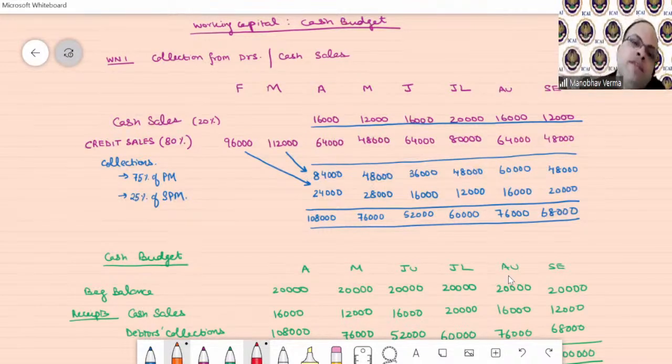And that's how for every month we are doing. I can connect those with different arrows, but otherwise you'll not be able to read these numbers. That's why, for example, I've just used these arrows for April collections, guys. 75% of the previous month and 25% of the second previous month's credit sales. That's what we have done.